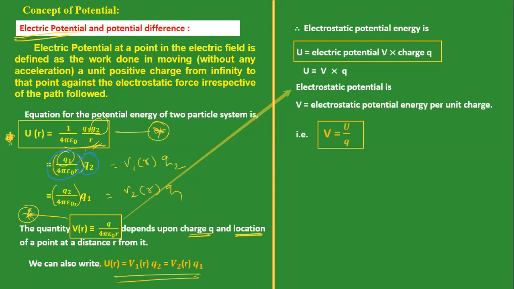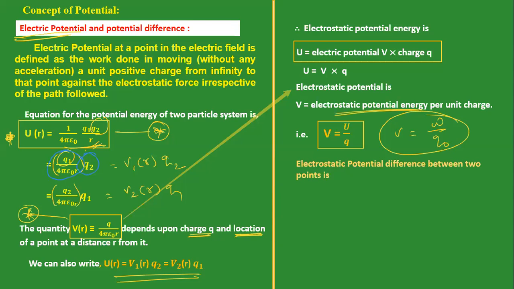Just in the beginning, I told you electrostatic potential is work done to bring a charge. And that work done is nothing but the electrostatic potential energy. So electrostatic potential difference between 2 points, you can write the potential difference by this formula.